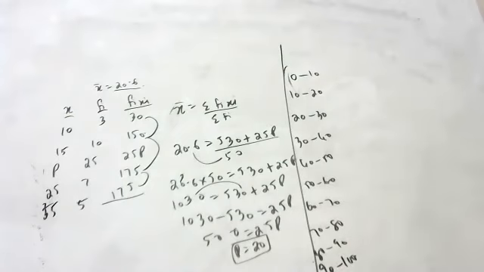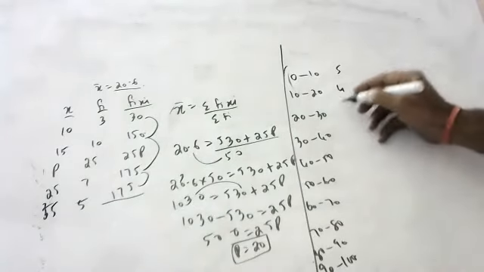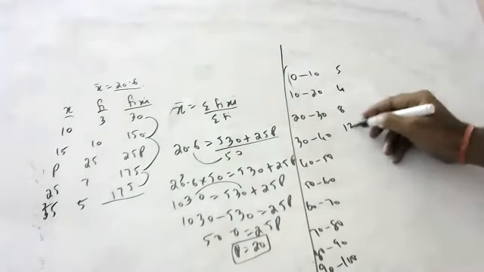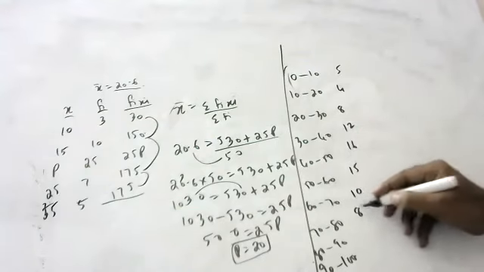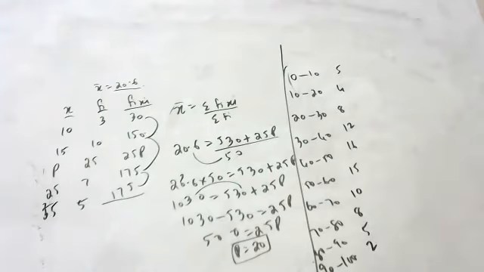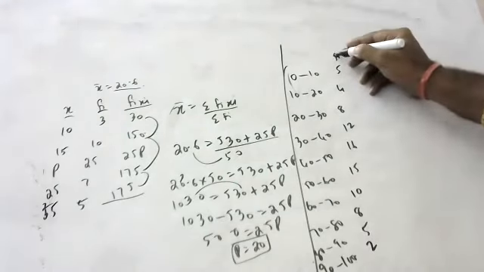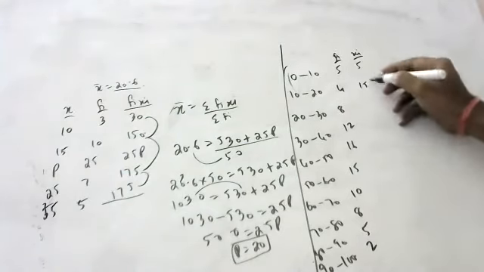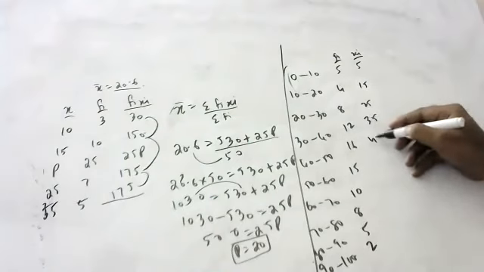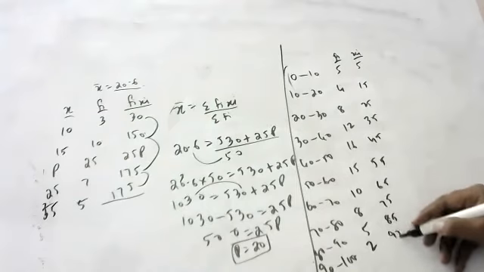And they gave the frequencies as 5, 4, 8, 12, 16, 15, 10, 8, 5, 2. We need to find the mean. Xi we find out: 5, 15, 25, 35, 45, 55, 65, 75, 85, 95.